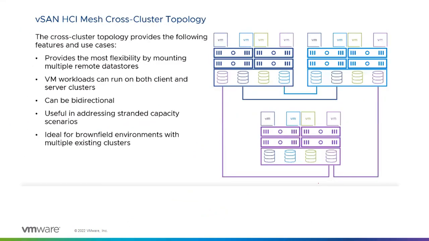The cross cluster topology that we talked about is not unidirectional, it's bidirectional. I can share something from here to this and to this. Correct. I can share something directly between this and this, and something directly between this and this.